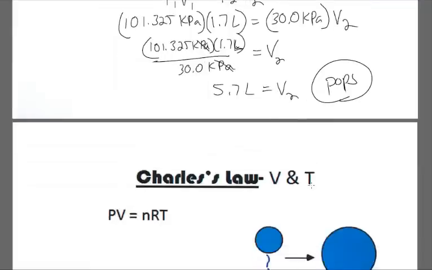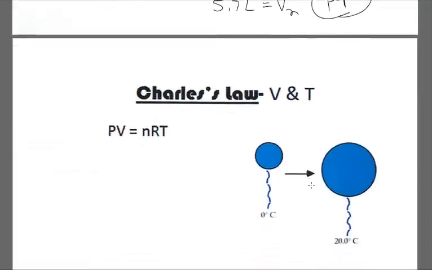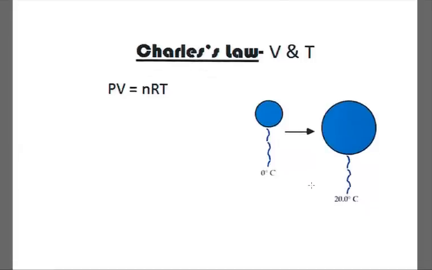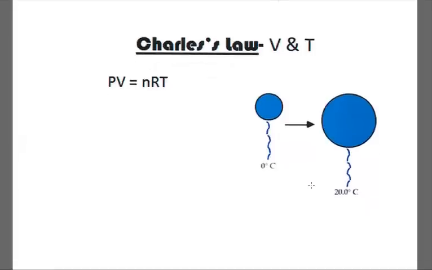All right, our next relationship is when we allow volume and temperature to change, and we hold the other quantities constant. In this case, the number of moles is constant, and the pressure is constant. So what's constant?